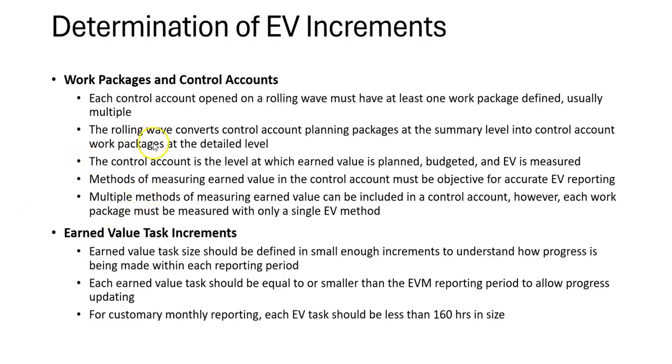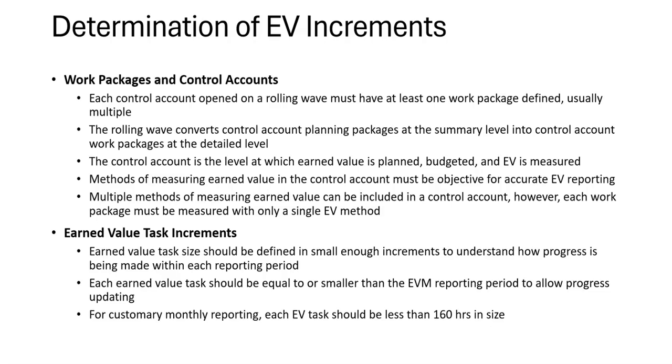So each control account opened on a rolling wave must have at least one work package defined, usually many of them. A rolling wave is used so that you can lay out an entire project, say a 2-3 year project, and understand how the budget's allocated for the entire duration of the project.